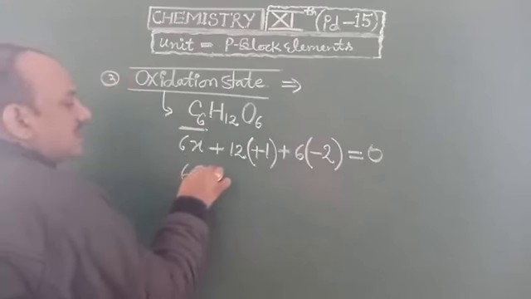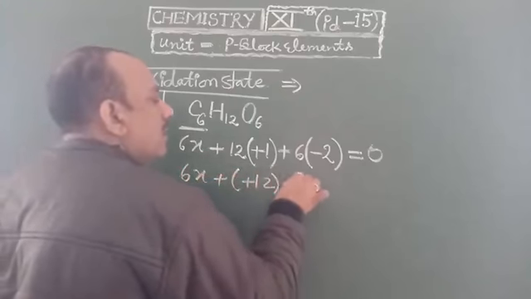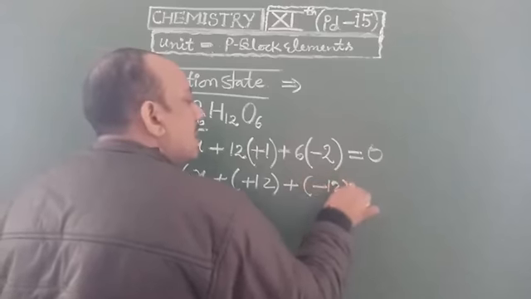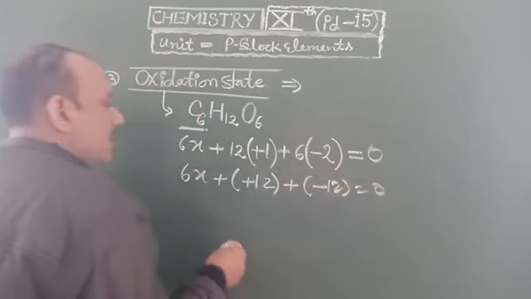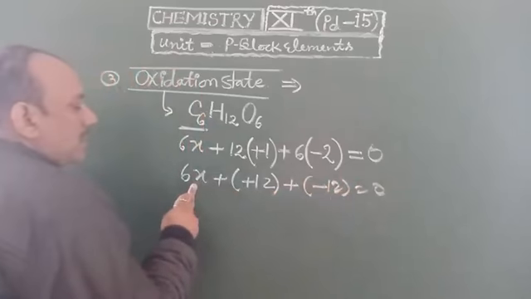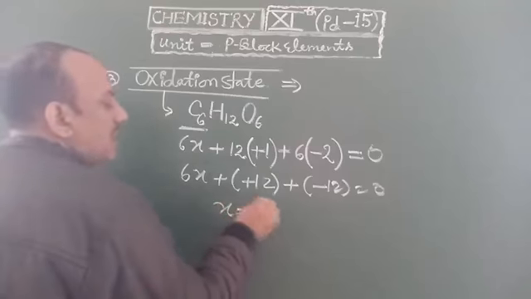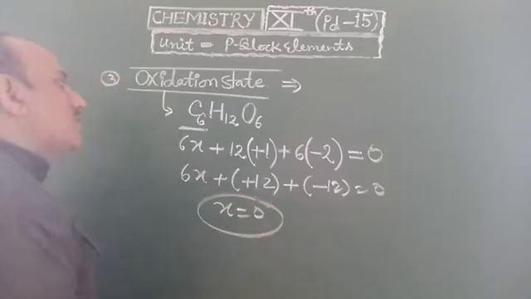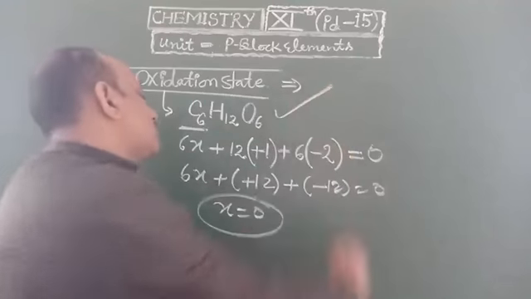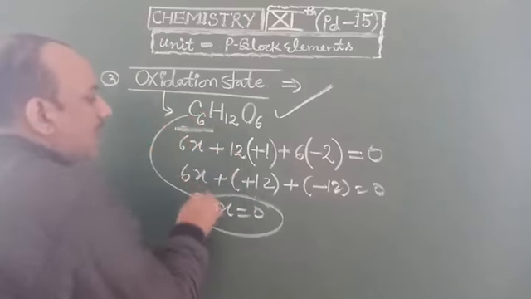Then 6x + 12 - 12 = 0, so 6x = 0, then x = 0. So we say that in glucose carbon shows oxidation value 0.